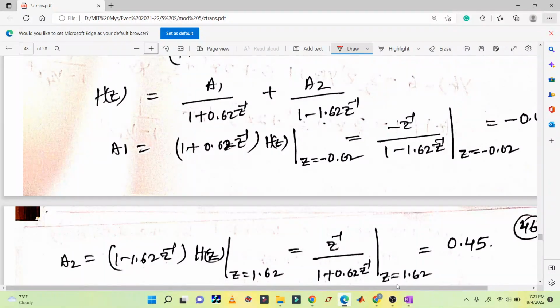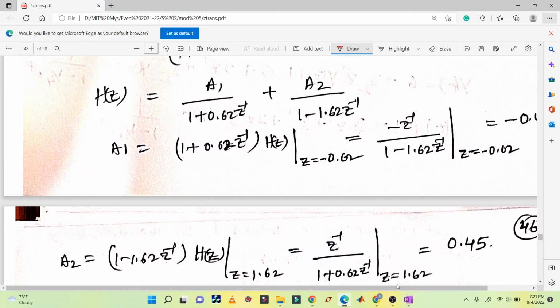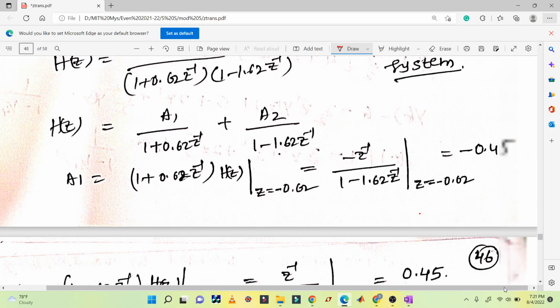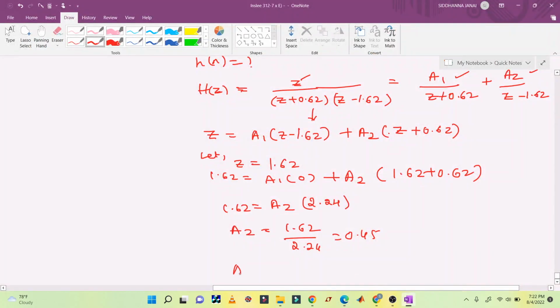Similarly, if you put Z is equal to minus 0.62, then you will get minus 0.45. So A1 will be minus 0.45 for Z is equal to minus 0.62. Okay. So if you put these values, you will get A1 and A2.